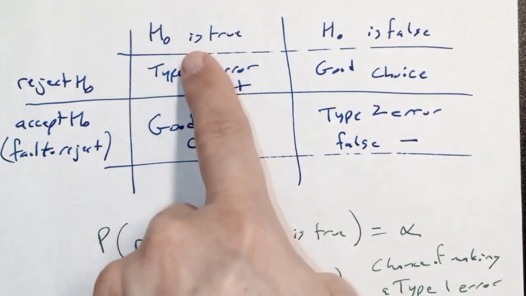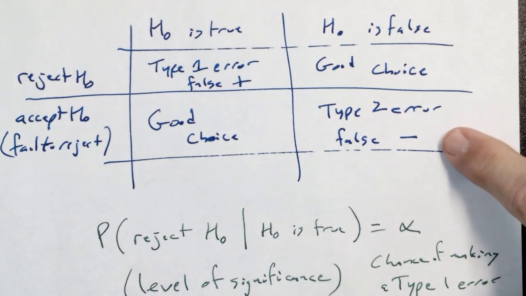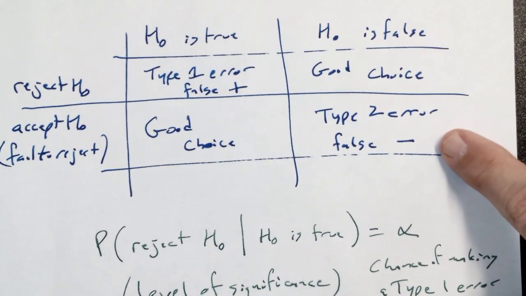Aha, wait a minute. Which error is it? A type 2. Yes. My assumption, H0, is your brakes are fine. So what does it mean to be here?